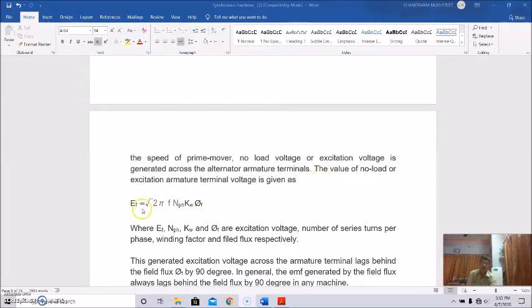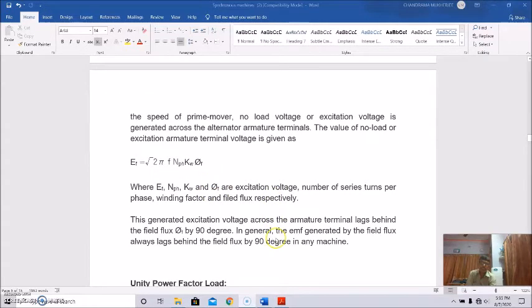The RMS value of the excitation voltage is E_f = root 2 pi f N_phase k_w phi_f, where N_phase is the number of series turns per phase of the armature conductors, k_w is the winding factor, and phi_f is the flux per pole. This generated excitation voltage across the armature terminals lags behind the field flux by 90 degrees.